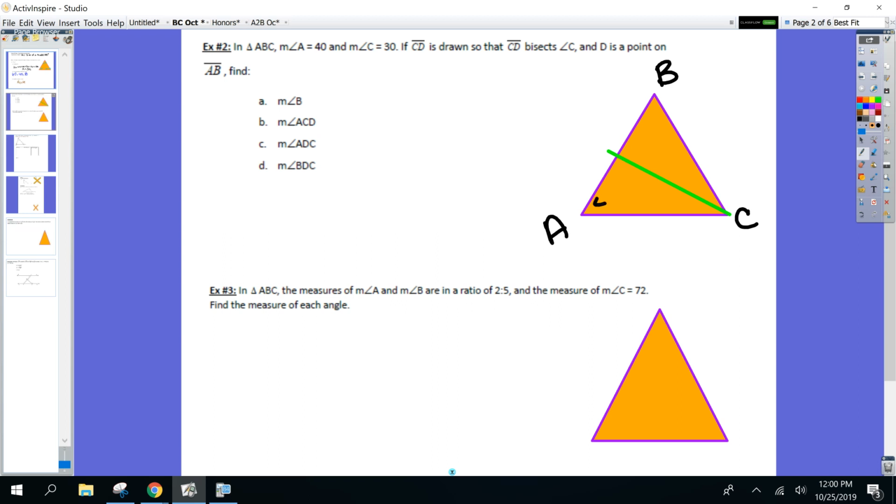So let's plug 40 degrees in there. Angle C is 30. Now you're going to draw a segment CD that bisects angle C. One endpoint should be on C. Point D should be somewhere on AB.